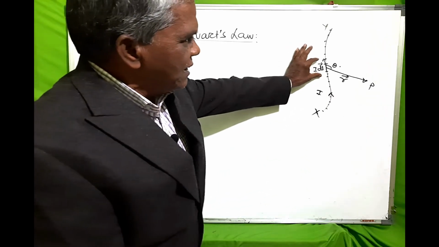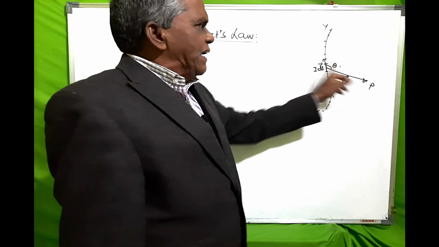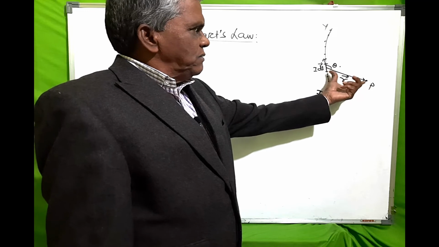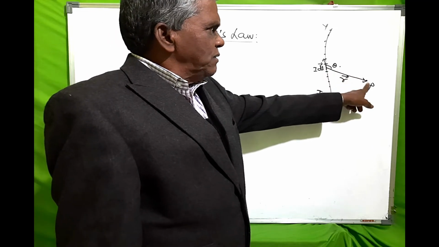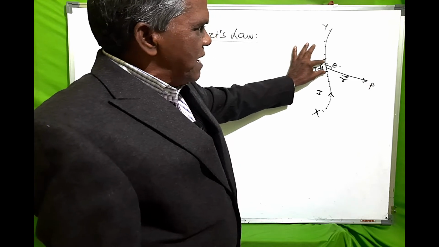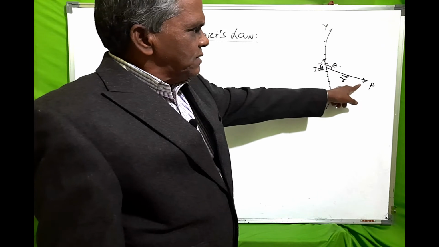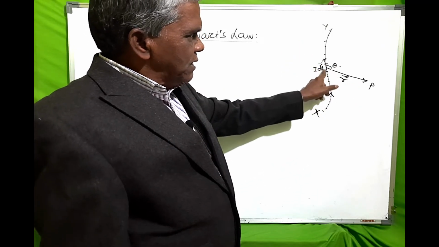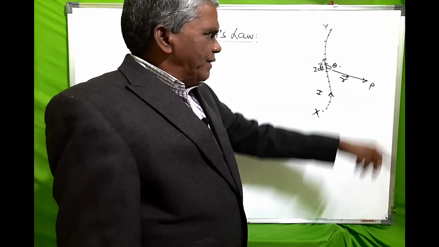Due to any current element I dl, the magnetic field at any point around, at any distance r, the contribution of the field at the point due to this current element depends upon the distance, the element, and the angle between the direction of element and distance of the point.